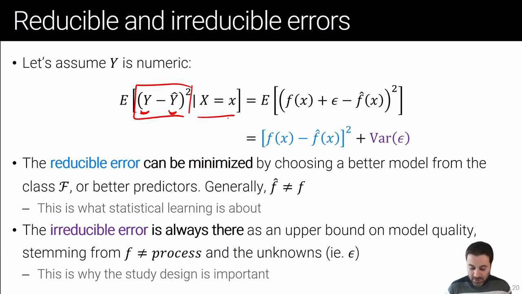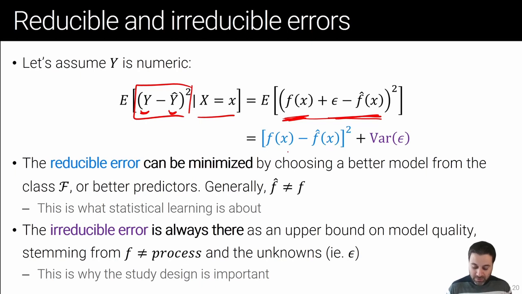So this is actually the expected value of this expression over here. So we have the value of the optimal model minus the value of the estimated model, squared. If we do some math, then it's going to reduce to two different terms, the one in blue and the one in purple.